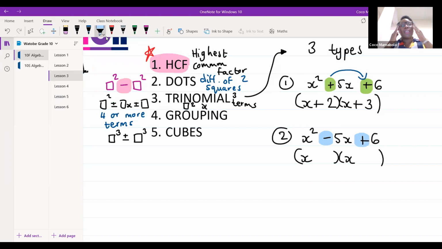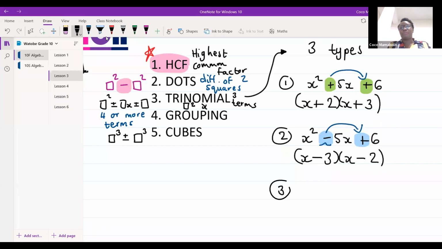Which 2 signs are going to give me a positive? I've got a negative here, and I need this negative to give me a positive. I'm going to get 2 negatives. So I need negative and negative. That's it. And then I just need to think of the factors of 6 that are going to give me 5. And again, Emilio, you've got it. It's 3 and 2.